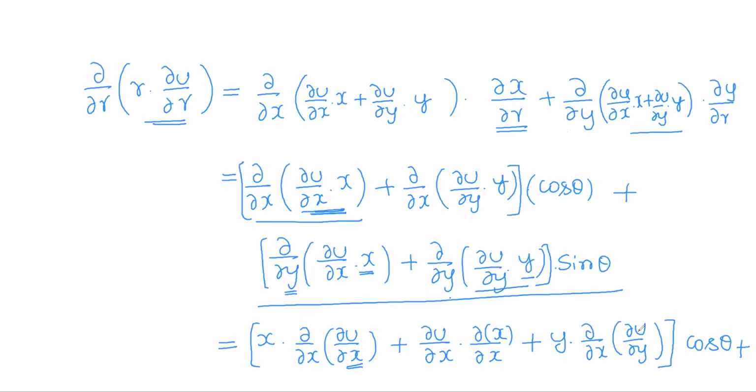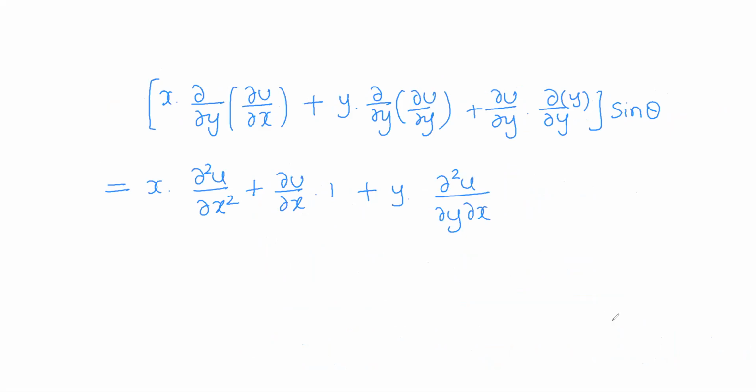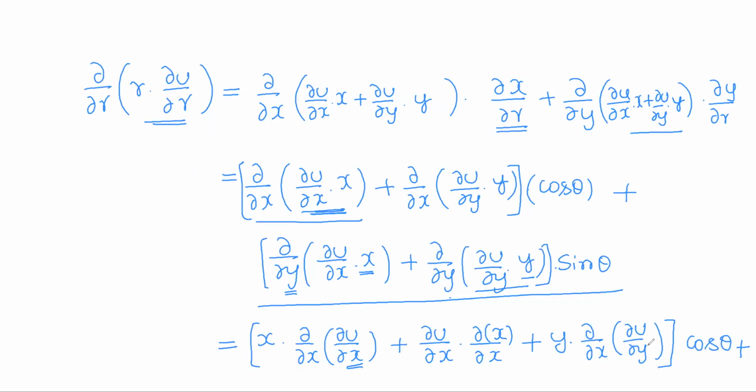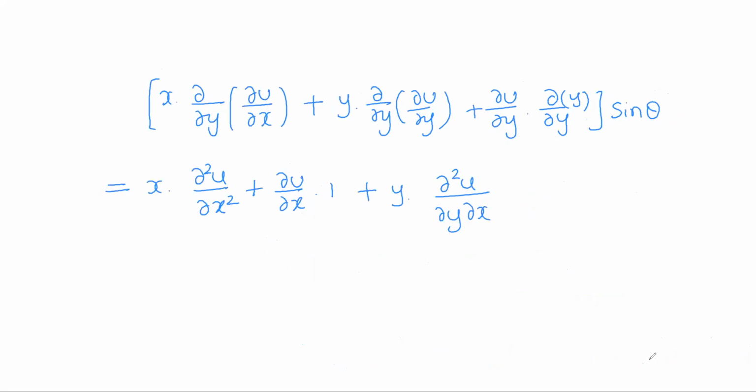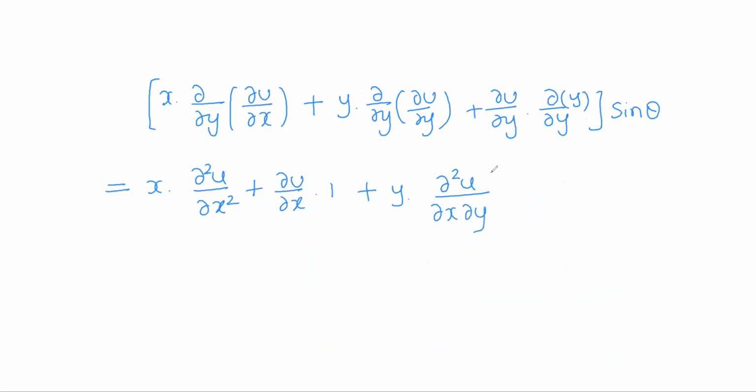So differentiate u twice, first with respect to y, then with respect to x. Just I made a mistake here, I interchanged it. So first with respect to y, then with respect to x, so it is dou x dou y. So this whole into cos theta, right?